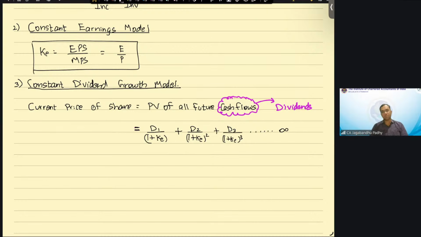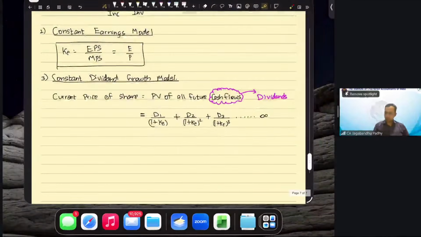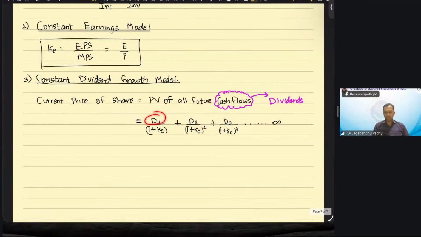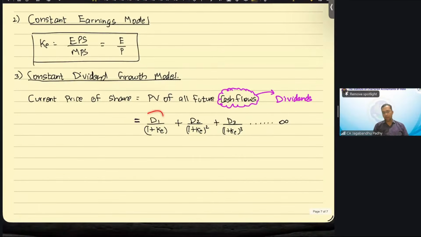Now the important question that arises is, sir, how do we know what is this amount of dividend? Like what is the amount of dividend in the first year, second year, third year? What is your assumption with regards to dividend numbers?